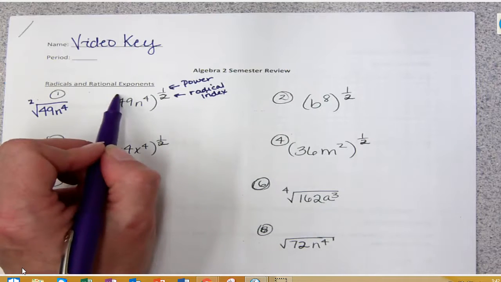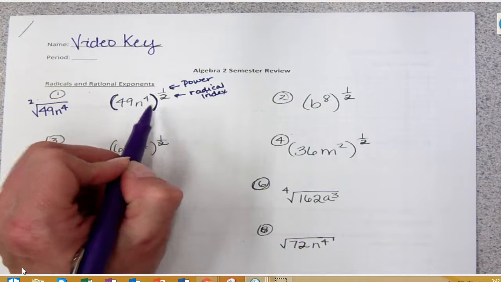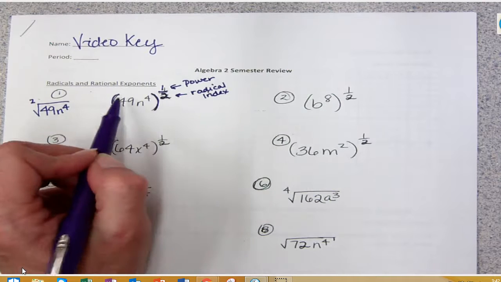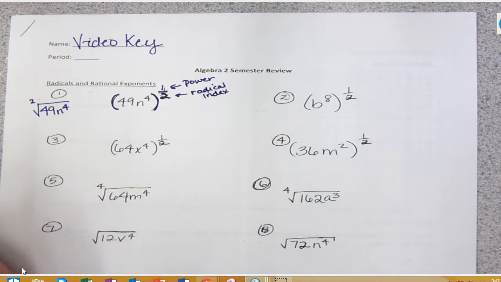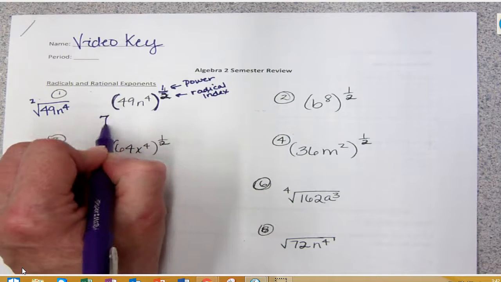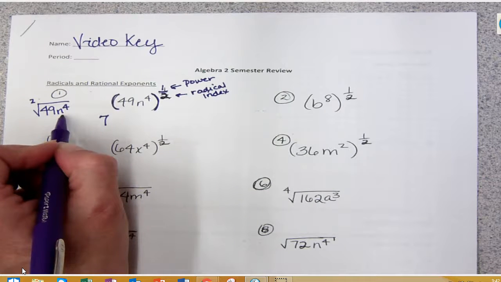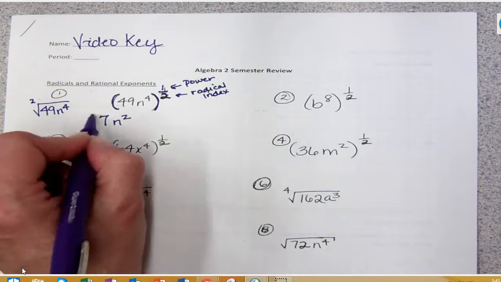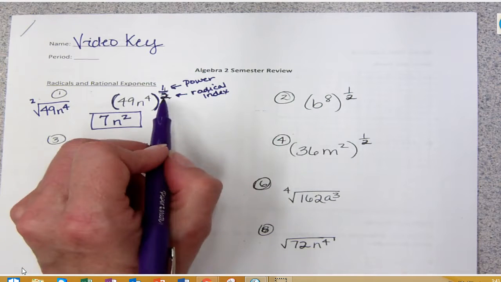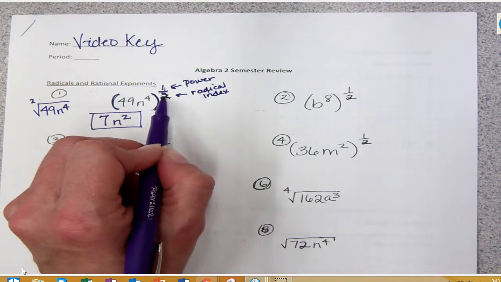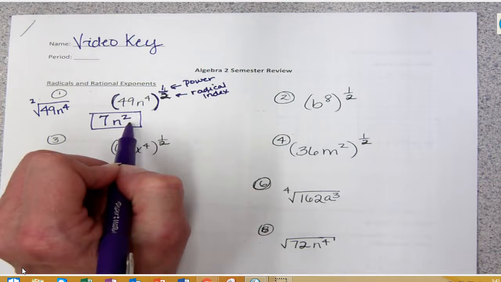Another thing is when you have a power up here outside the parentheses, you have to make sure that you distribute it to all the terms inside the parentheses. So this is basically the square root of 49, which is going to be 7, and the square root of n to the fourth is n squared. You're distributing the 1/2 exponent to the 49, and then 4 times 1/2 is also 2.